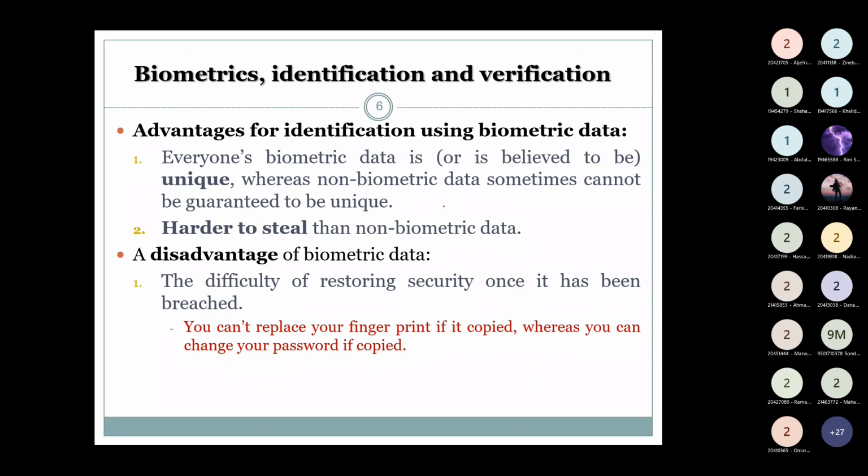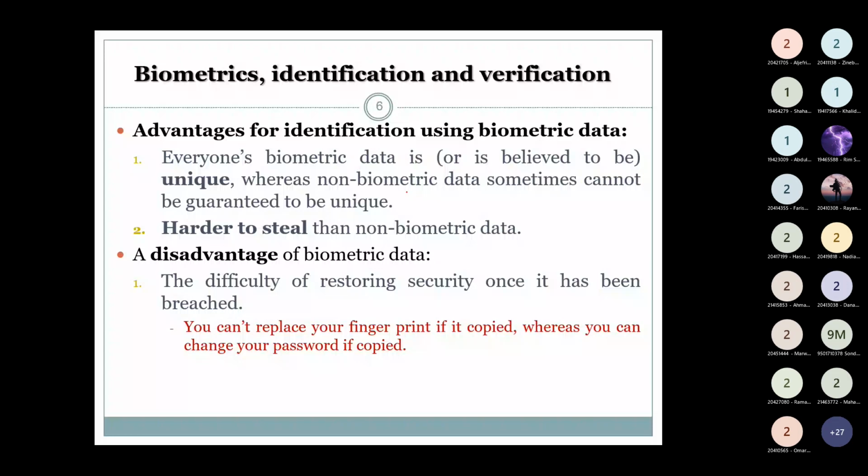So what are the advantages of these identification methods using biometric data? It will be unique. It will be hard to steal. I cannot have your fingerprint with me and go to the bank to steal your money.